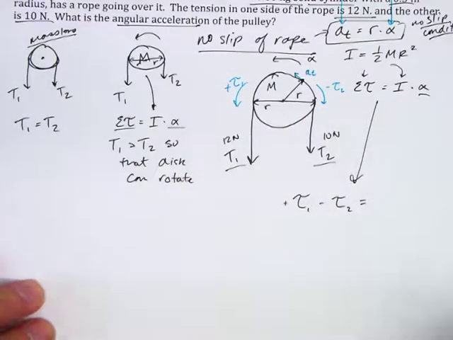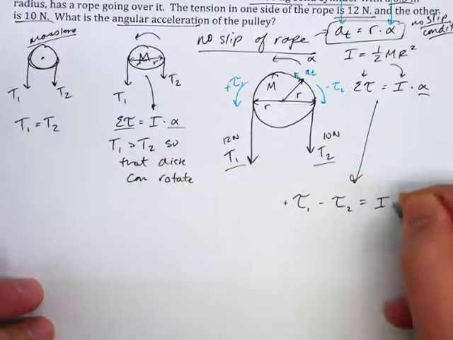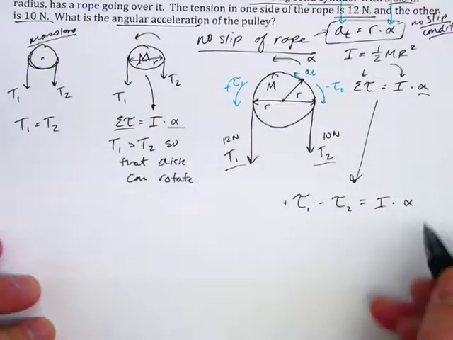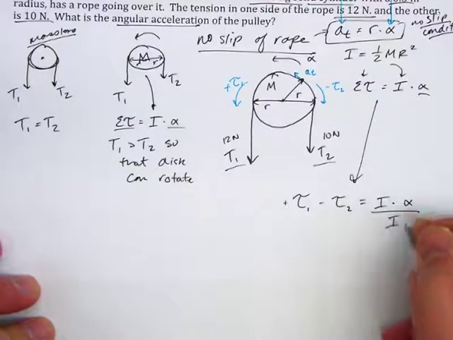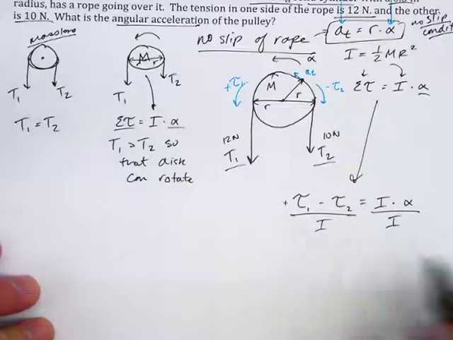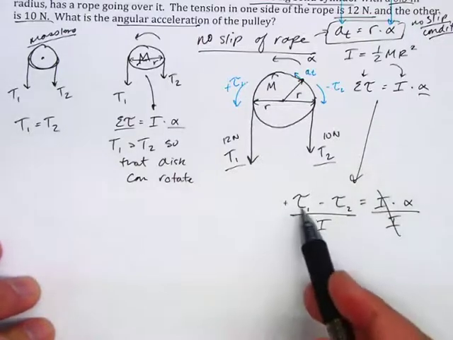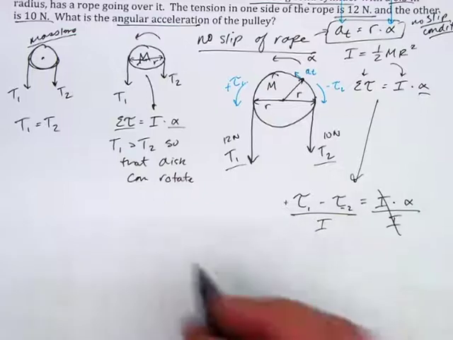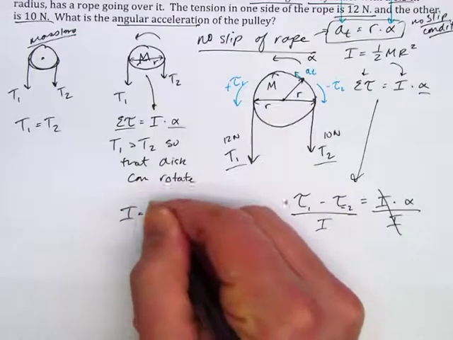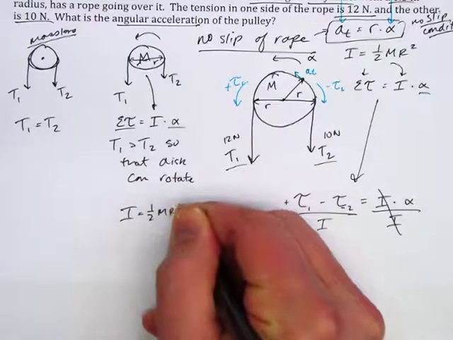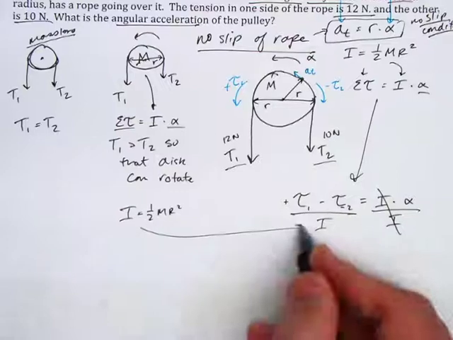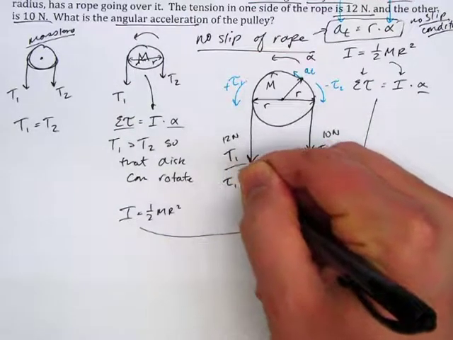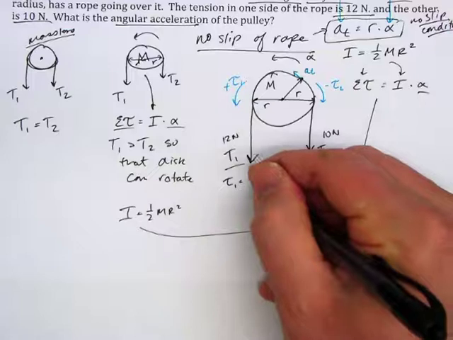Now that has to equal the moment of inertia times the angular acceleration. So if I divide by I, I get that alpha will be torque 1 minus torque 2 over the moment of inertia. Well, this is a disk, so I of a disk is 1/2 mr squared, and we're going to substitute that in. The torque exerted by force 1 is just the force T1.